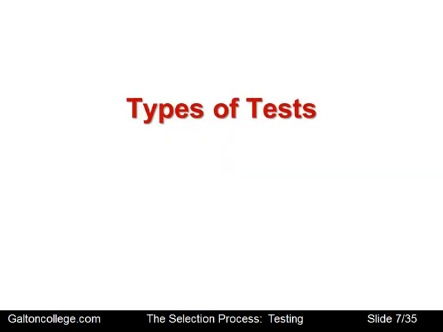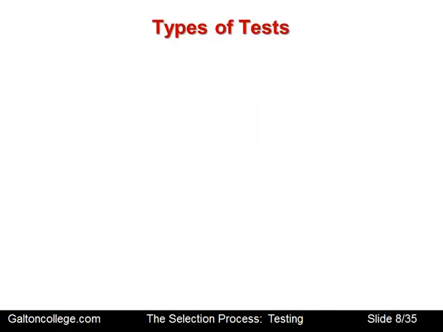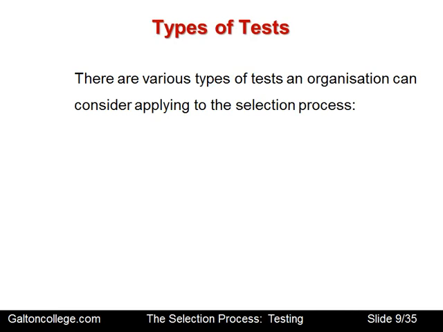Now, the various types of tests, let's have a look at a few of these. There are various types that an organisation may consider when looking at the selection process, the selection of candidates for a particular job. You could choose aptitude tests, and I'll go through these various tests again in a few moments, just to expand them.